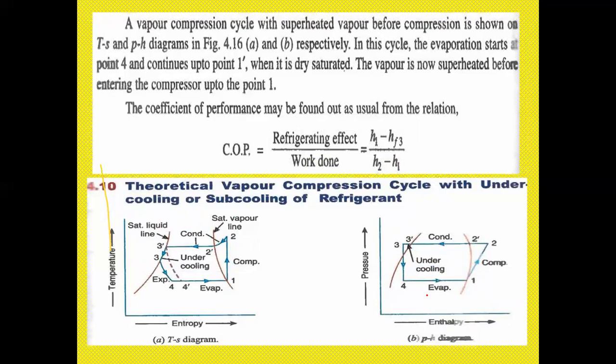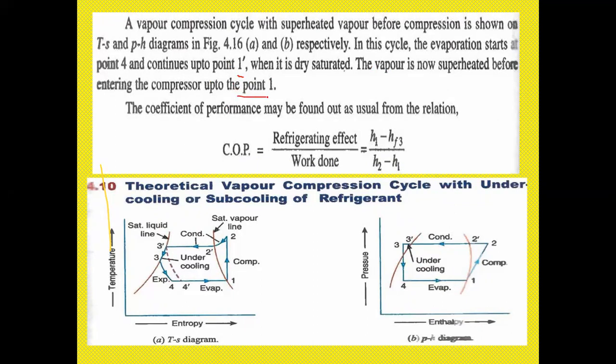Point 4 changes to point 1 dash, so we get dry saturated vapor. The vapor is now superheated before entering the compressor. Before entering the compressor, it has been heated up to point 1.